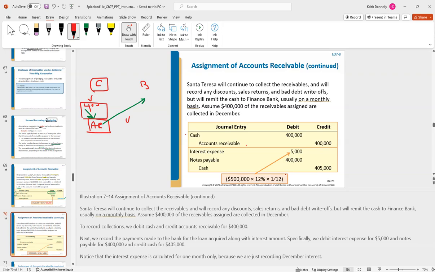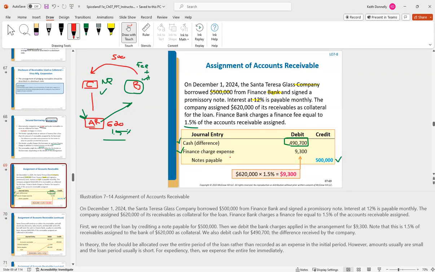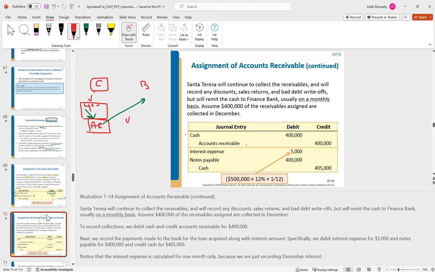So what we do here, remember I said, one, the bank makes money off the finance expense, and two, they charge us interest. So when we send the money over to the bank, the credit to cash is going to be the 400 that we got plus the interest expense on it. So 500,000 times 12%, 1 month has passed, is 5,000.